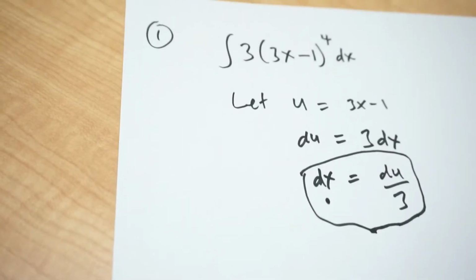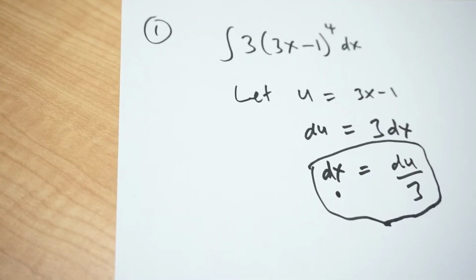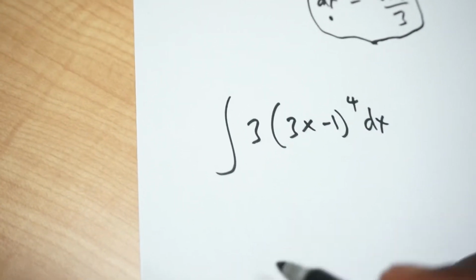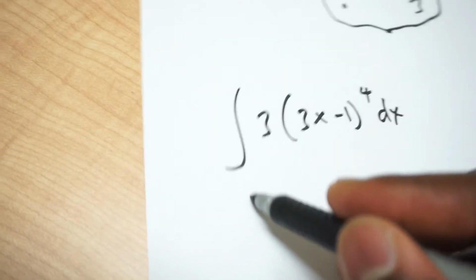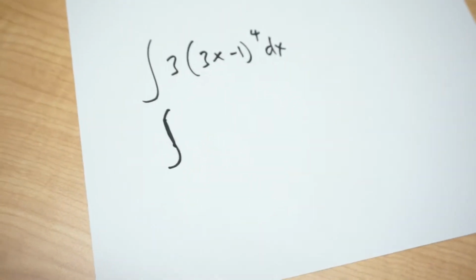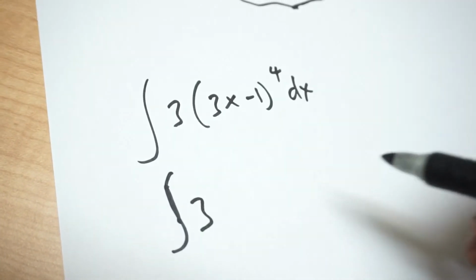So my question once again says 3 into 3x minus 1 to the 4 dx. Now this whole problem changes again. Instead of writing it in terms of x, I'm going to write it in terms of u, alright? So I'm just going to get 3.